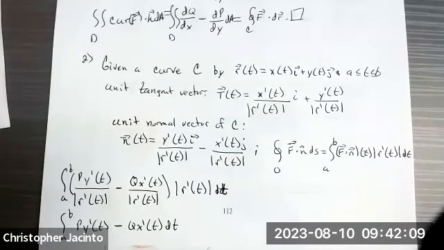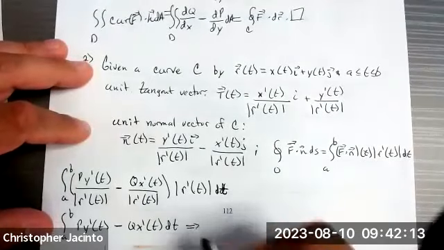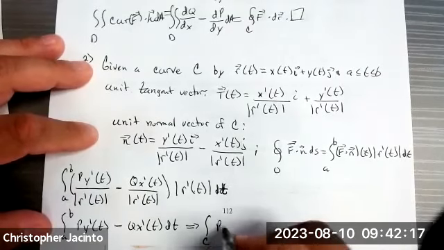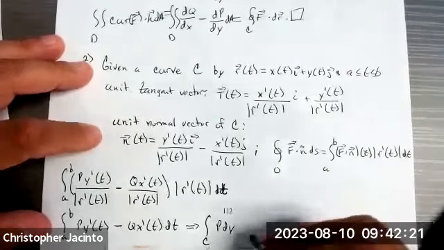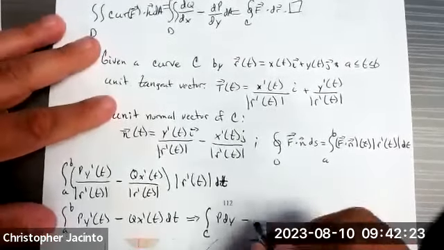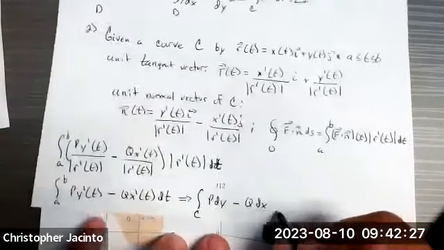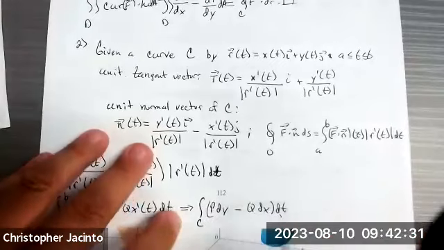Okay. So instead of this y prime stuff, this is now just P dy, because that's the same thing as y prime, just dy. Instead of x prime, I'll just put dx.